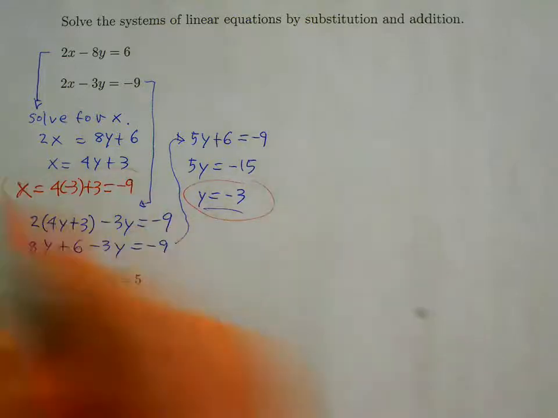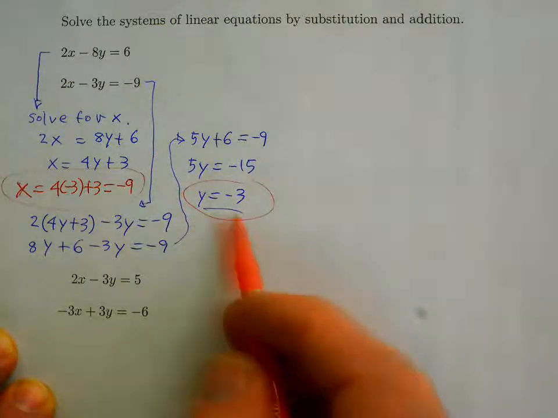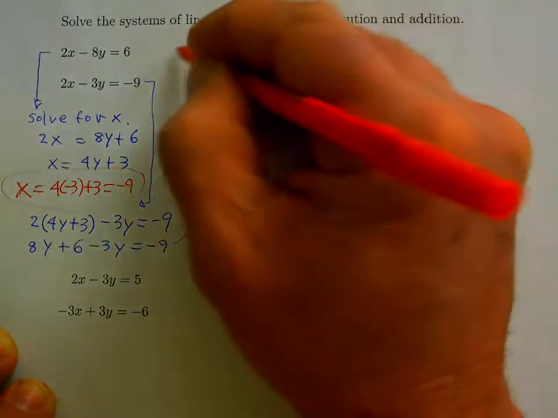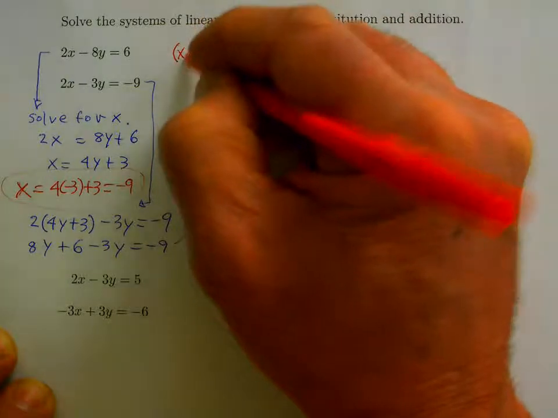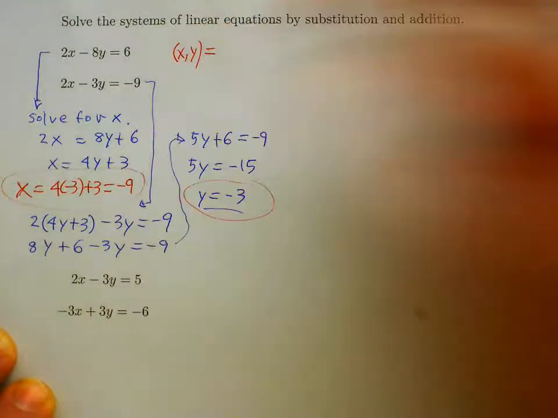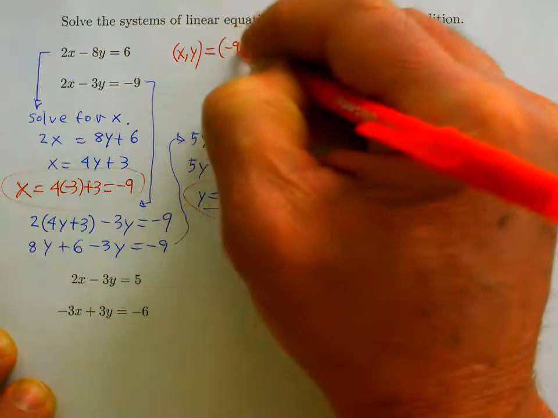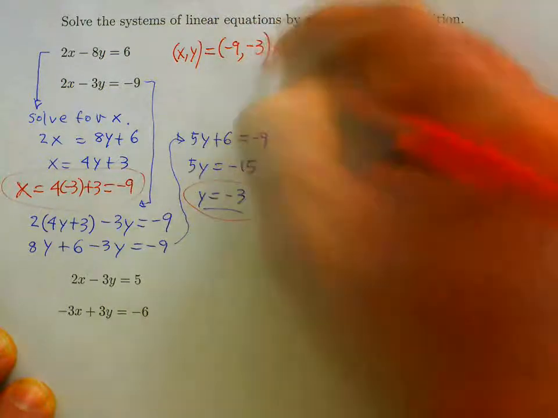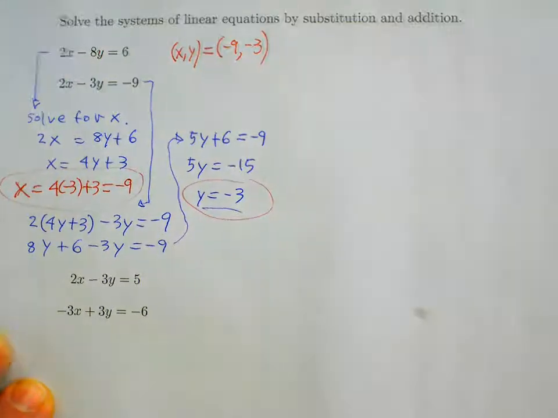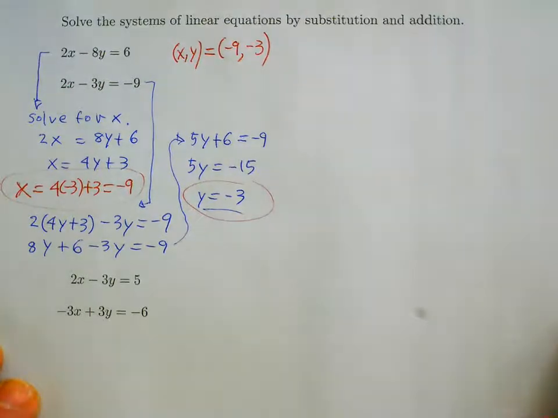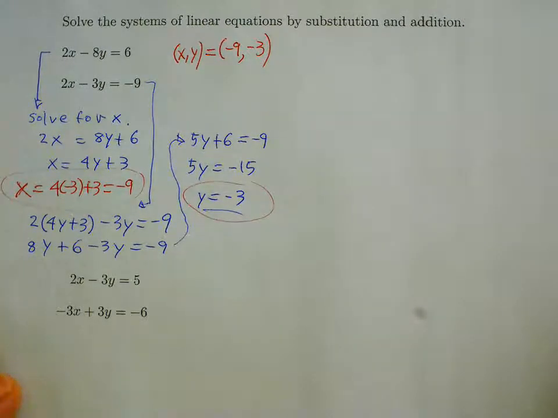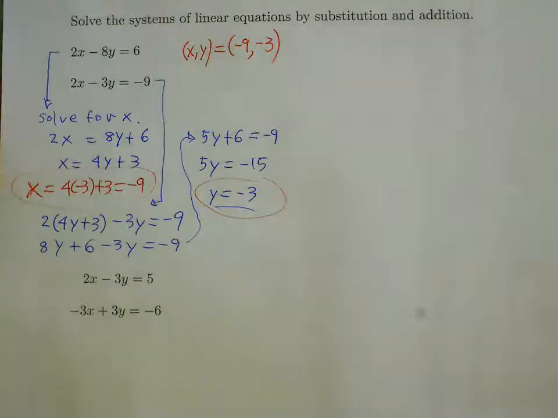So the x-coordinate is negative 9, and the y-coordinate is negative 3. So the solution using the substitution method is negative 9 for x and negative 3 for y. Okay, that's the substitution method.